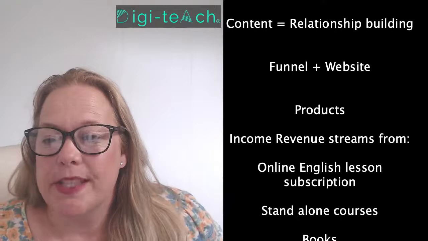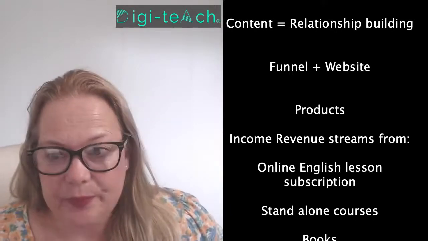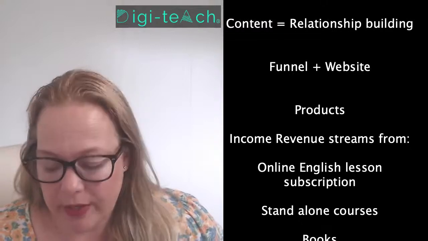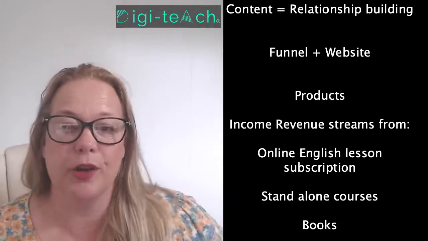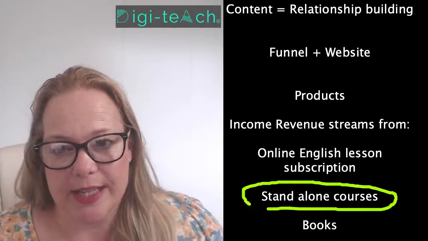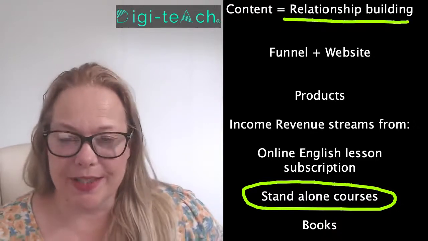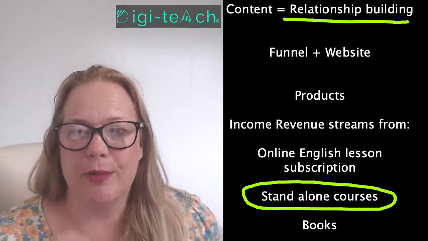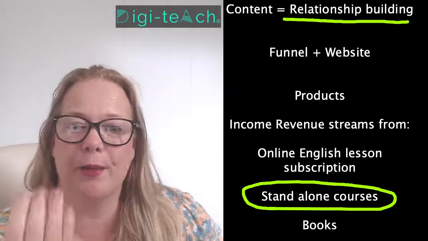So the next thing I have as well is standalone courses. As well as my monthly subscription where they come to my adult group speaking lessons, they can also have standalone courses. So again, going back to the relationship building with my audience, with my clients, I've established what their needs are because I communicate with them and they tell me.